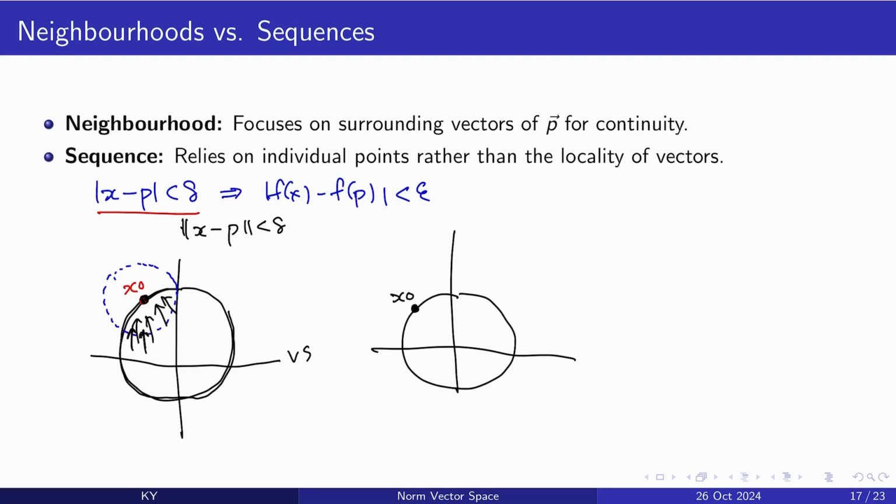If you think about a sequence of vectors converging to x naught, it doesn't really capture the locality, because your mind, by intuition, tells you that a sequence goes in a specific linear path like this, right? But in our case, neighborhood is more about the surroundings, or the locality.